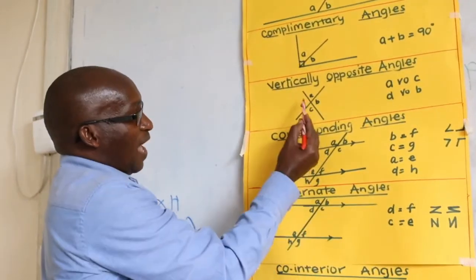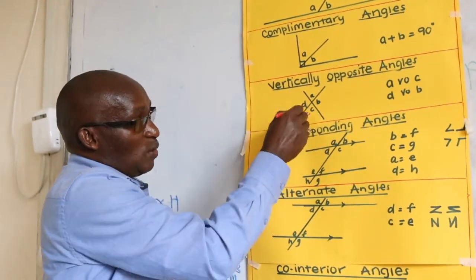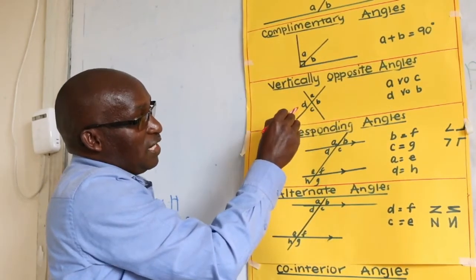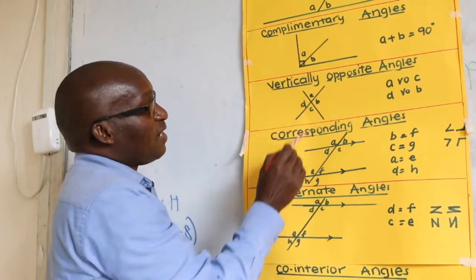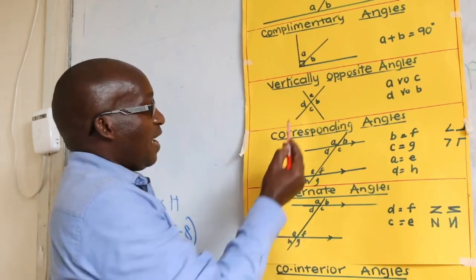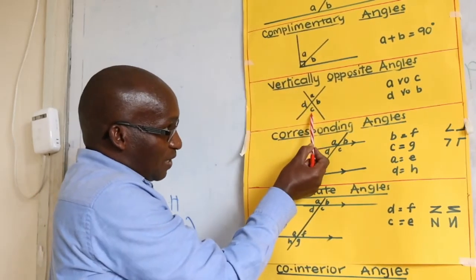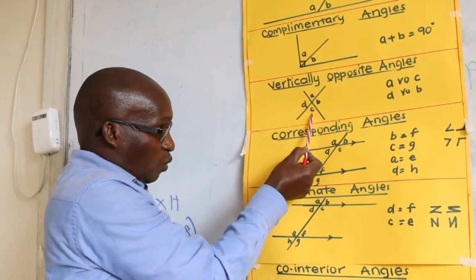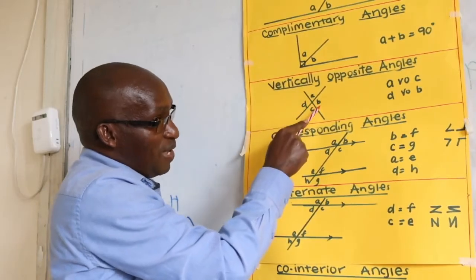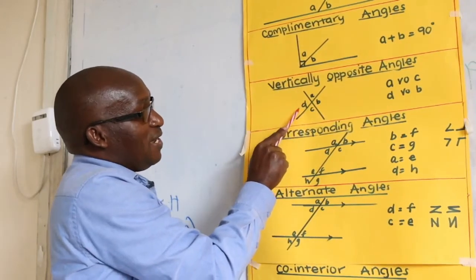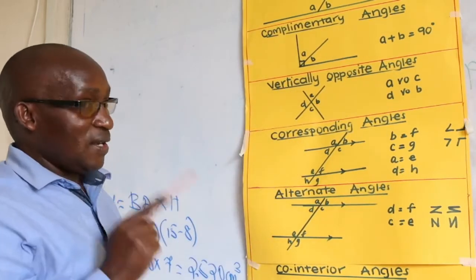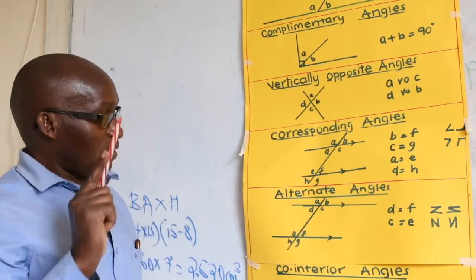And we say angle A is vertically opposite angle C, and angle B is vertically opposite angle D. The statement that you normally make here is that vertically opposite angles are always equal. It then means angle A is vertically opposite C, and so angle A is equal to angle C. Again, angle D is vertically opposite angle B, and therefore angle D is equal to angle B. Remember, vertically opposite angles are always equal.